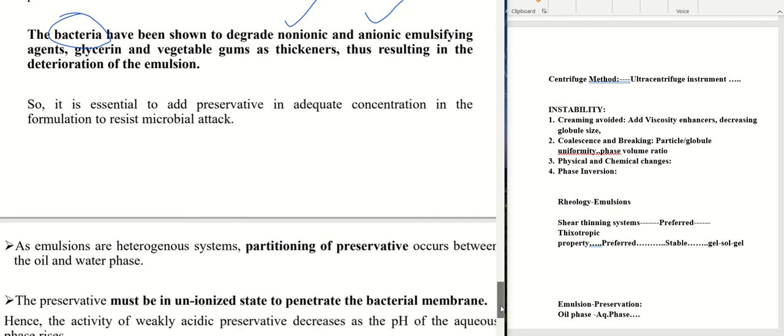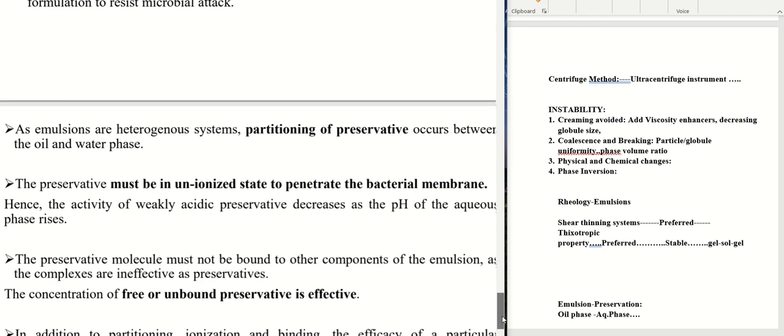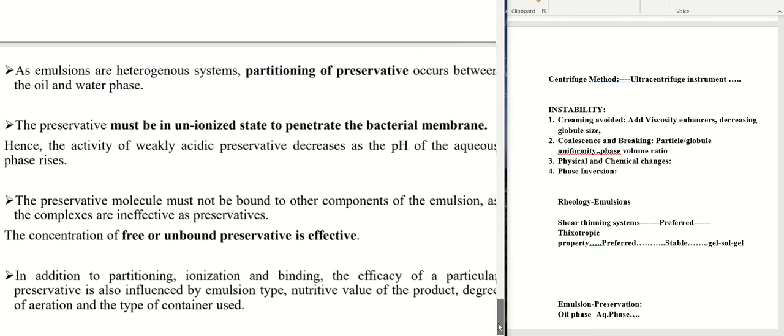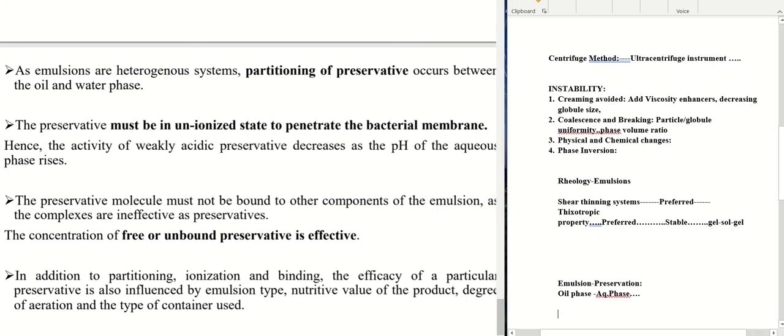Now what happens? Is it really easy to add a preservative in an emulsion? No, it is not an easy task to add a preservative in an emulsion. Why? Because we should make sure that the preservative which we add will get equally partitioned between the oily phase and the aqueous phase.